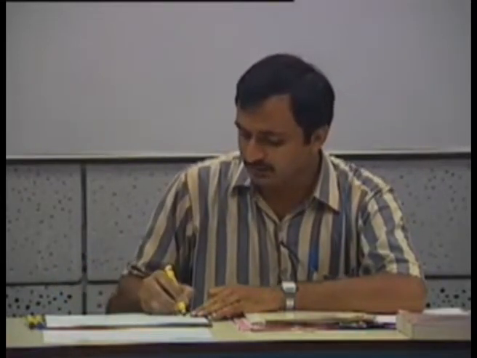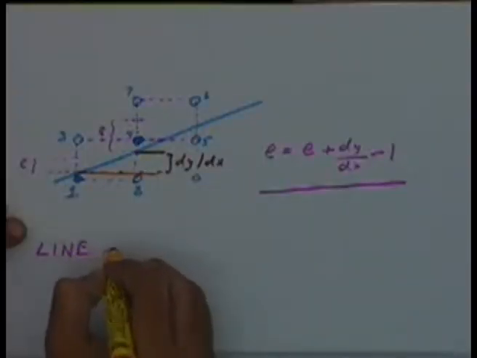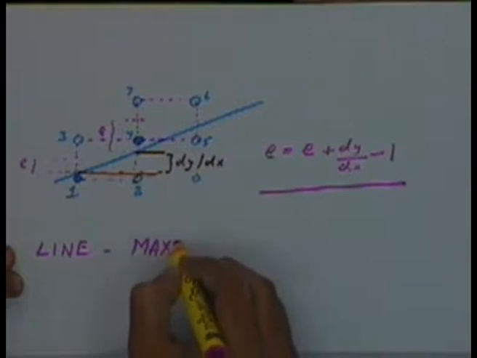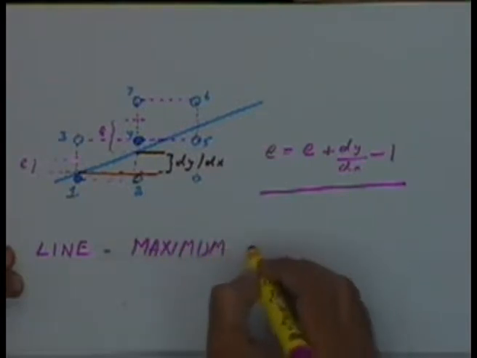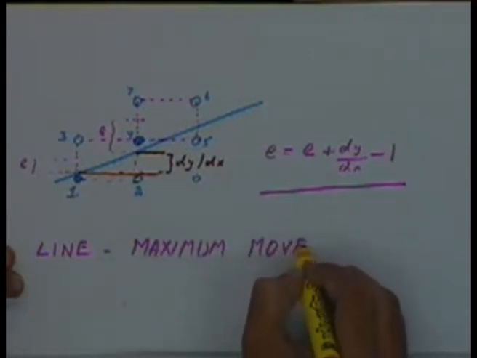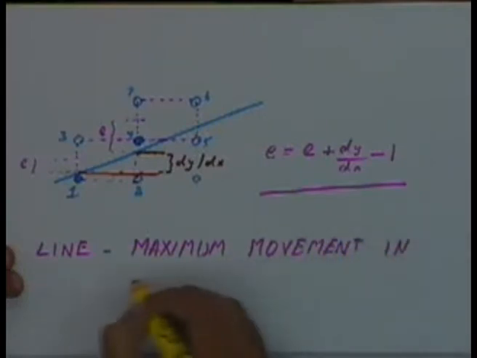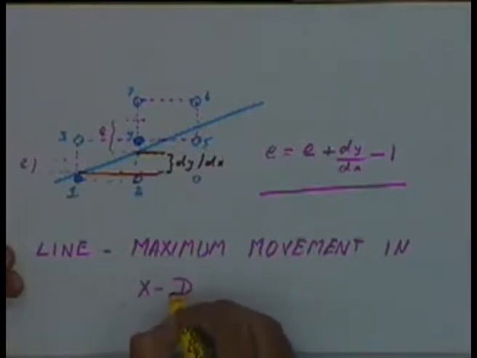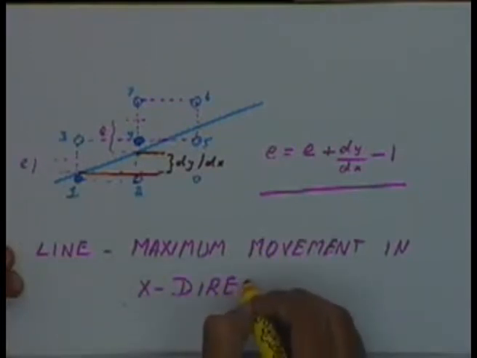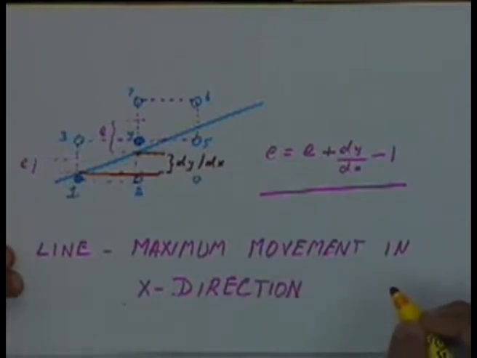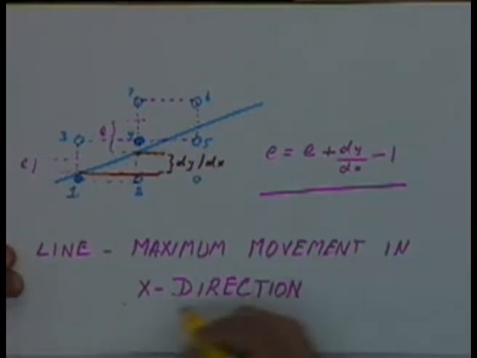So this line has a maximum movement in the x direction, or the direction of maximum motion is the x direction, or the slope of this line is less than 45 degrees.